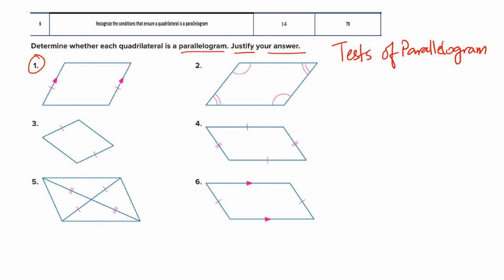So if one pair of opposite sides is parallel and congruent or equal, then definitely it passes the test of the parallelogram, and the answer will be yes, it is a parallelogram. So do mention the theorem 7.12 statement when you justify your answer to get full marks. So the answer for question 1 is yes, a pair of opposite sides is parallel and congruent.